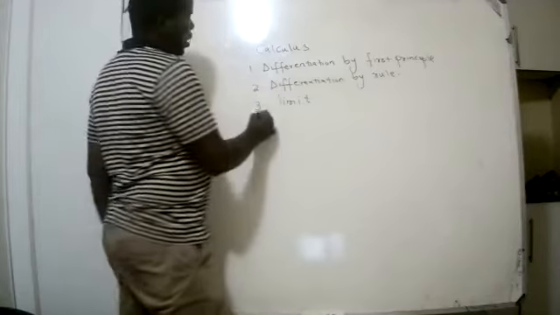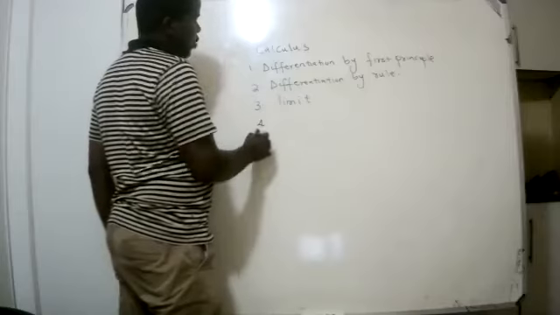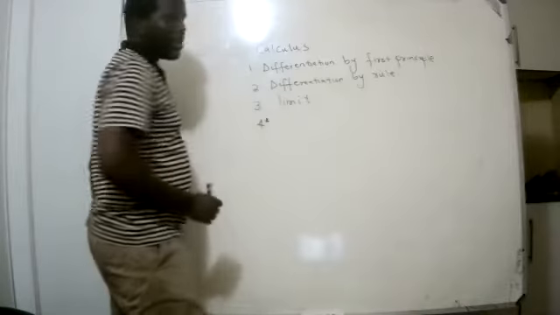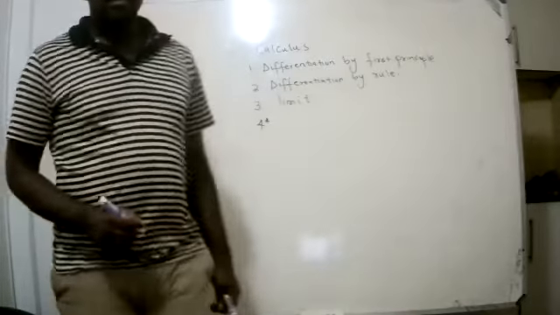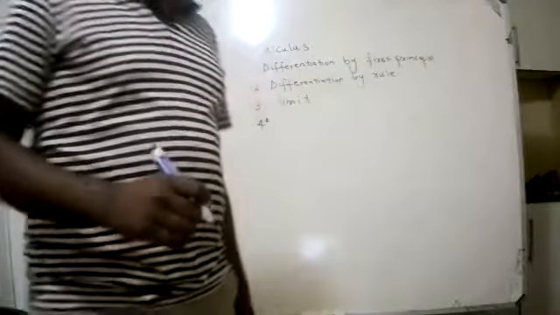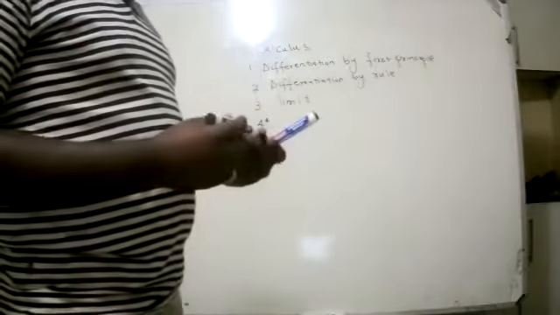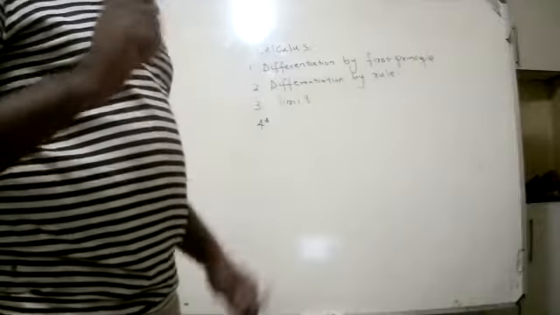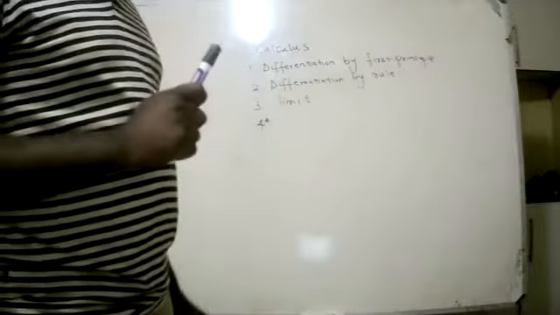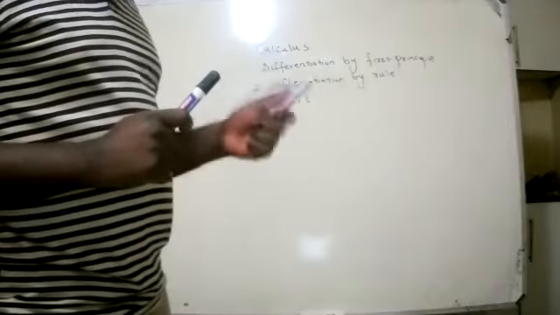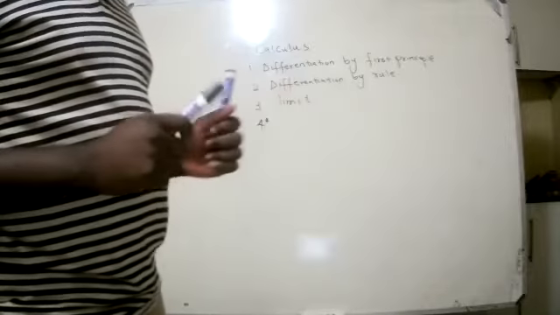Today we're going to cover a very broad topic, which I would like to put a star on top of because this topic is very critical. It contains a lot of marks which you must not lose even a single mark from, because it's not difficult, but it's quite detailed.